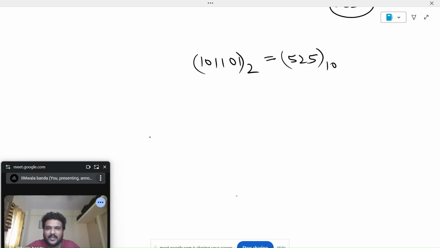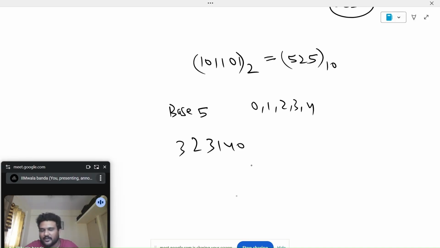Now, similarly, let's look at one of the questions. For example, there is some base 5. What does that mean? We can only use these 5 digits. So let's take any random number, but the rule is we can only use these digits because we're in a world of base 5. So let's say 323140.